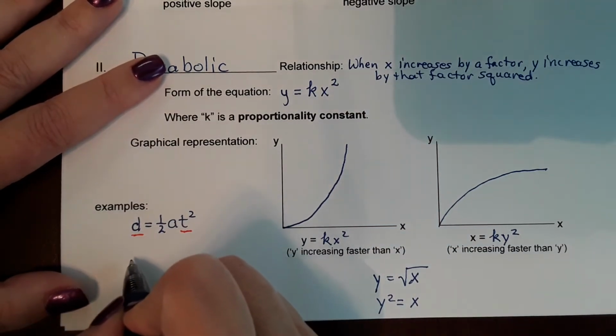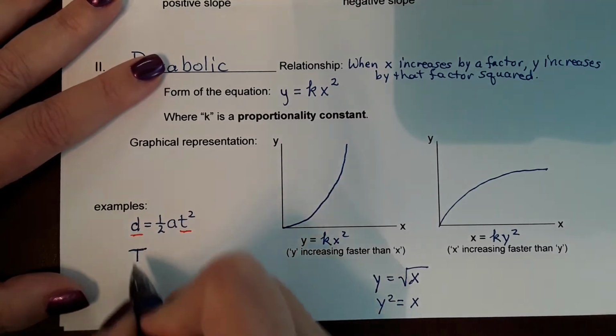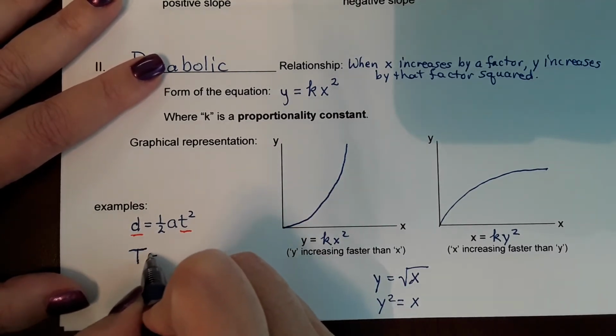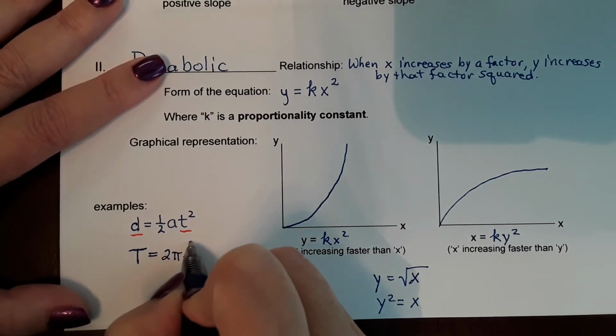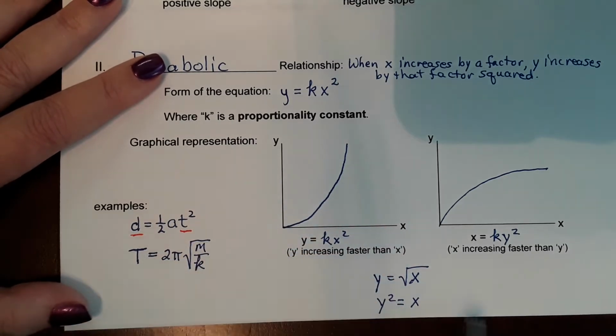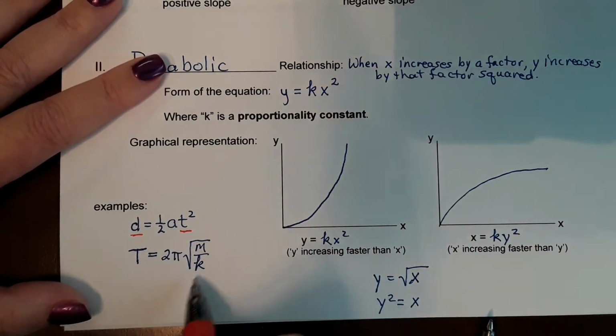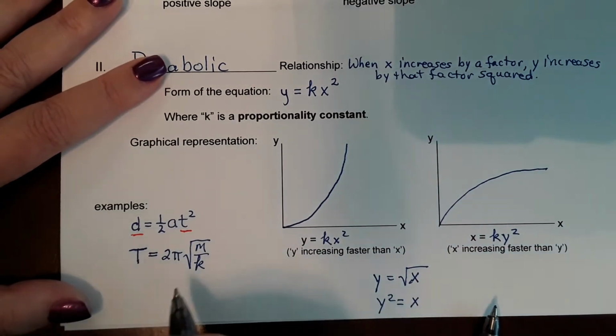Another example would be the period of a mass on a spring. You get 2 pi times the square root of m over k. And that's not the same k as before, this is a spring constant k. So watch out, they use k a lot for different constants.